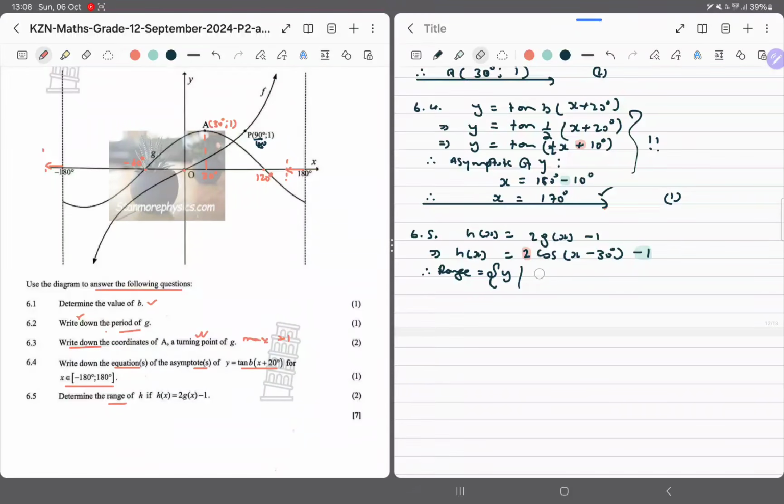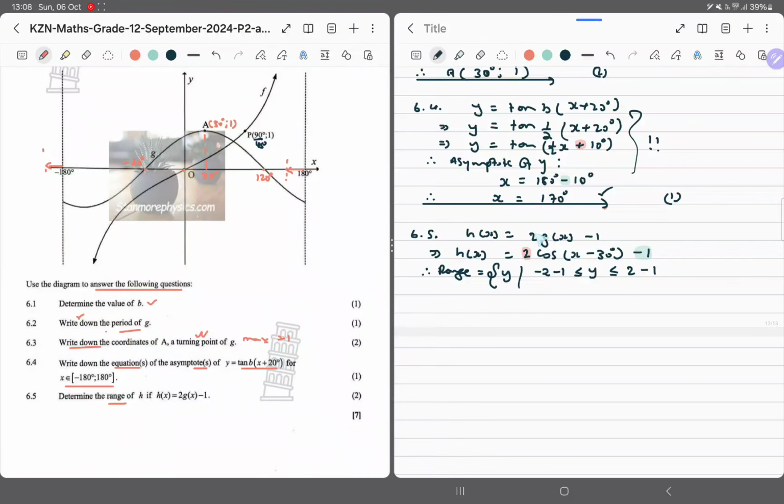So we can say −2 minus 1 is less than or equal to y, which must be less than or equal to 1. We take the positive 1 and then we subtract 1.